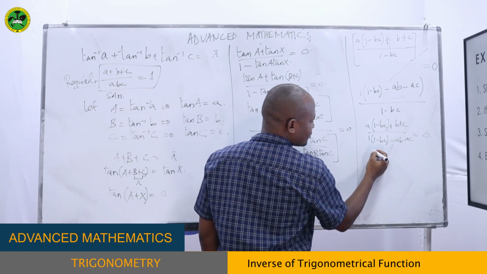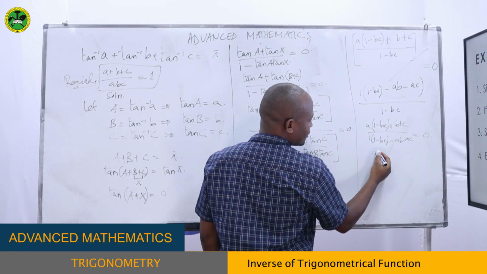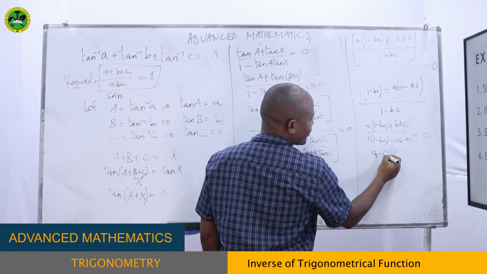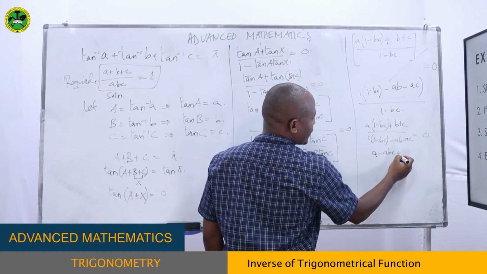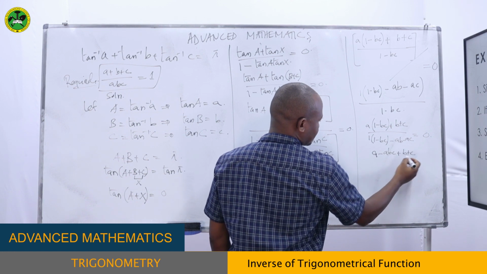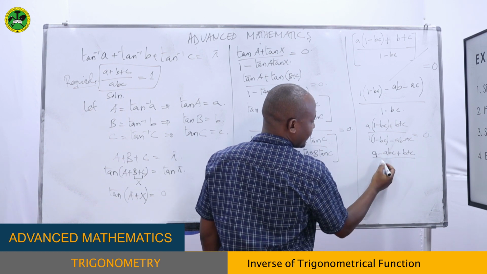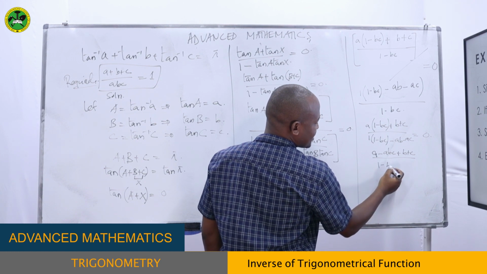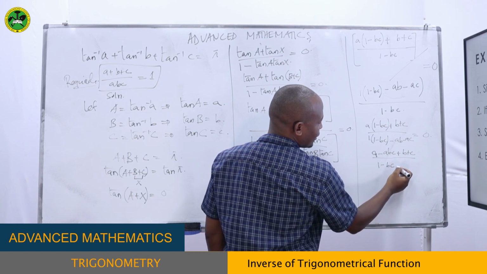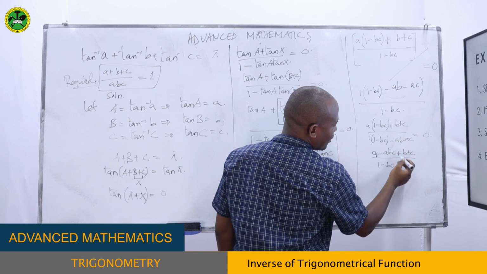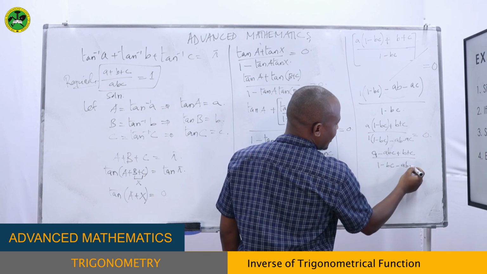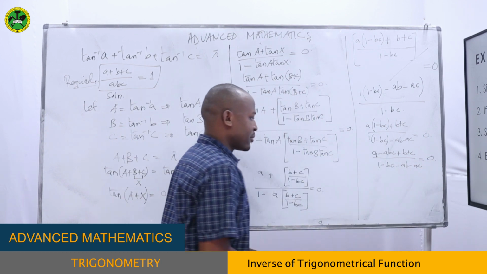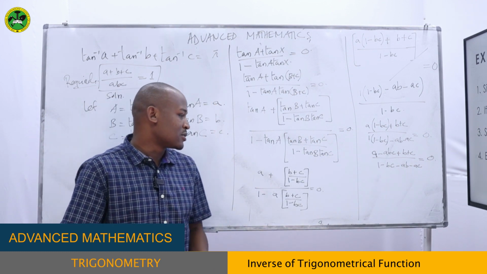There we have A, and then we shall have minus ABC plus B plus C over 1 minus BC minus AB minus AC, and we are told that this equals 0.